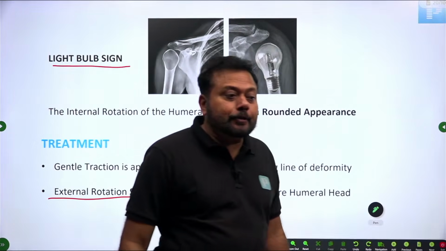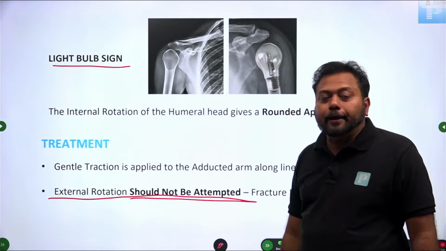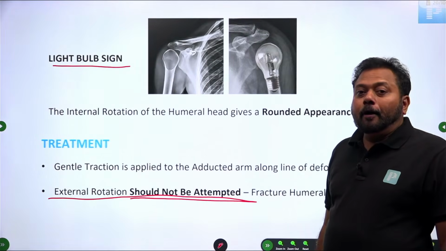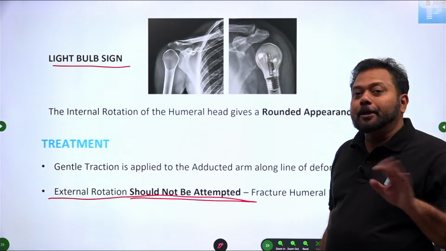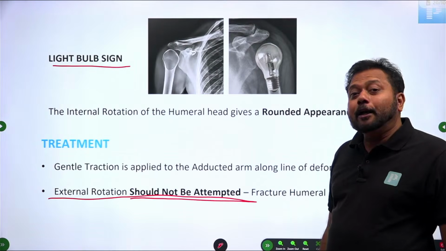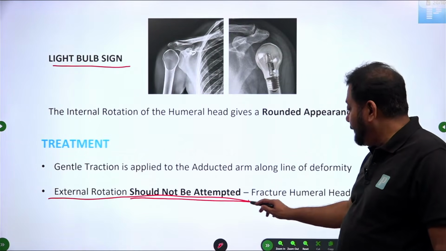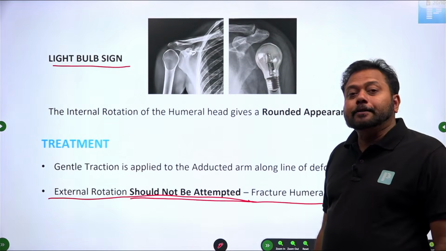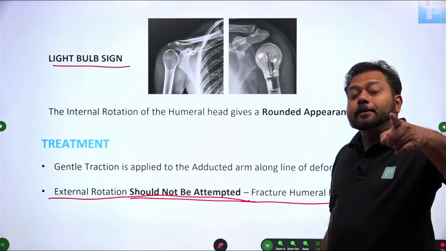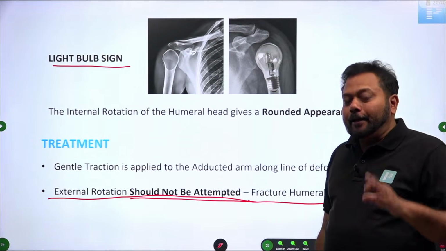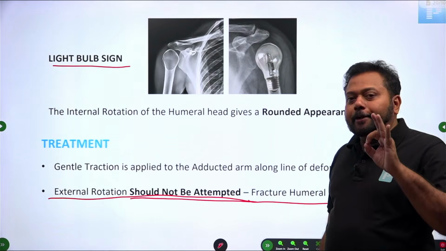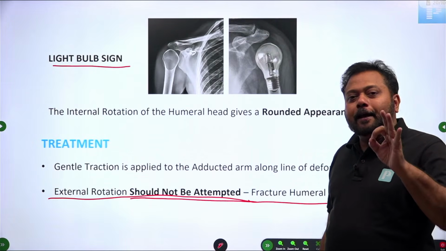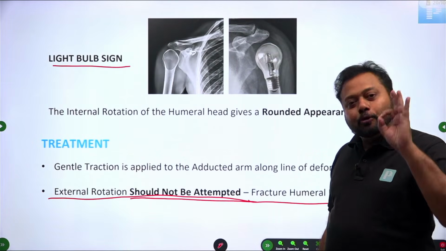When you do external rotation in posterior shoulder dislocation, it will lead to a neck of humerus fracture, and may fracture the humeral head. But external rotation is the main step in anterior. That is why before treatment, we should be very clear whether it is anterior or posterior.